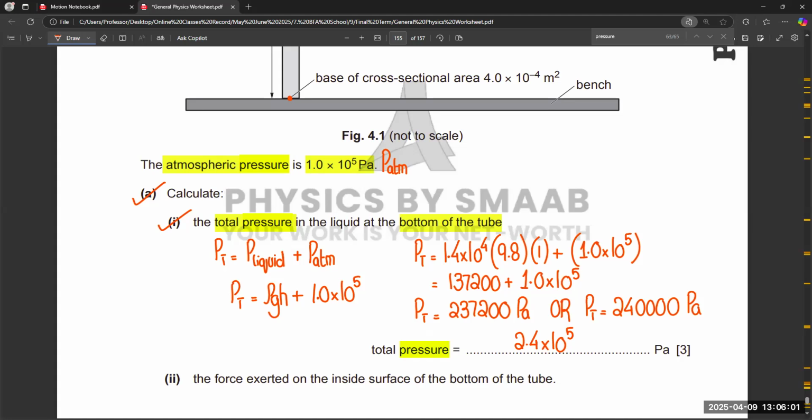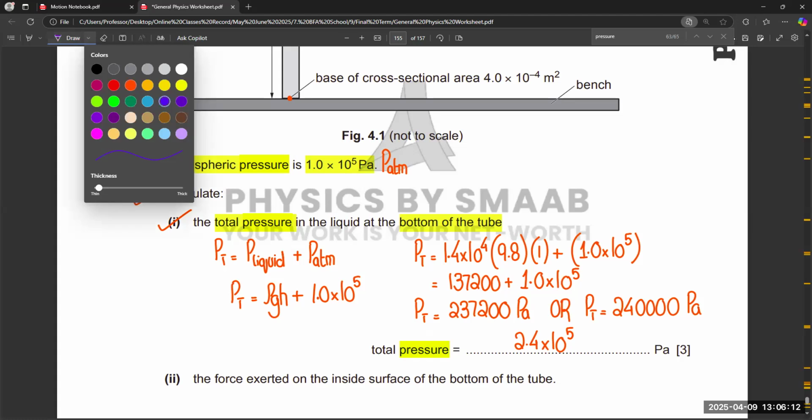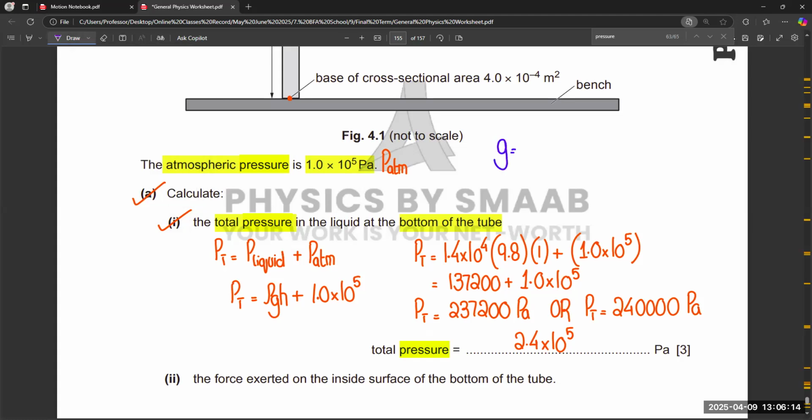Sir, 9.8 is a constant value of the value of G, gravitational field strength. So 9.8 newtons.